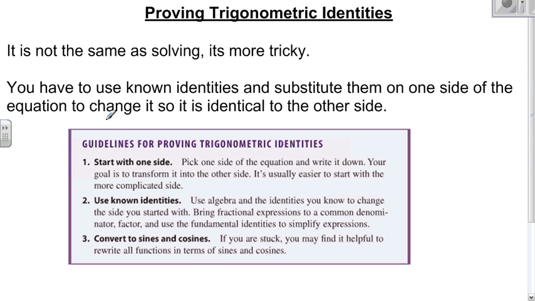We have to use the identities that we know and substitute them on one side to make it identical to the other side. So we'll start with one side, use identities, and usually we'll just convert to sines and cosines. Sometimes you'll just make the left side of the equation look like the right side, and sometimes you might change them both a little bit to meet in the middle.